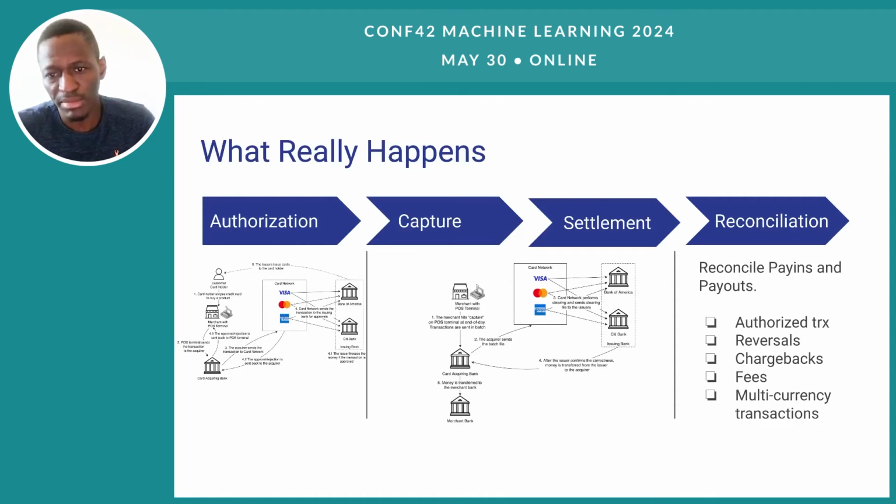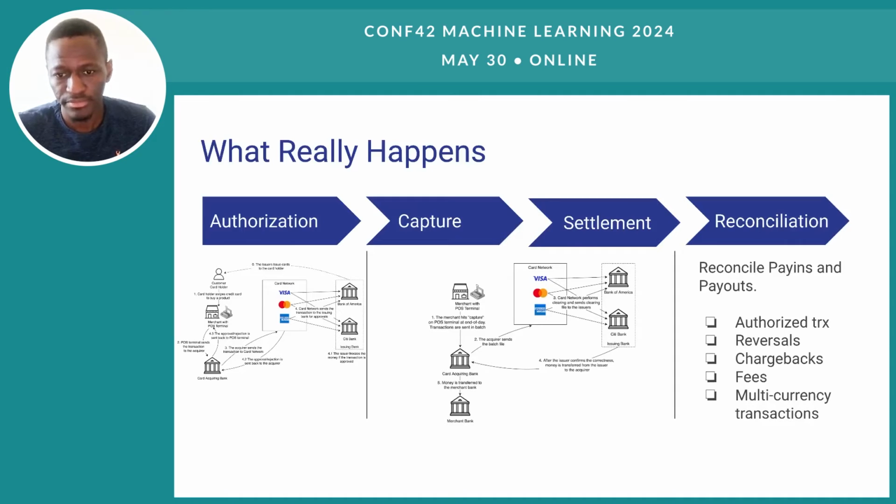So what do I mean by that? There are several types of transactions that could happen in a day. You could have authorization requests, you could have reversals, you could have chargebacks, you could have fees. It's even more complex if you have multi-currency transactions, right? A transaction could be done in one currency and the settlement is done in a different currency.